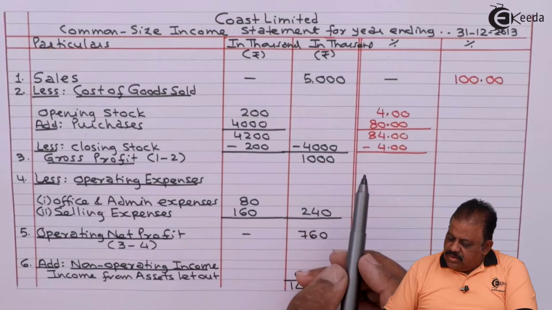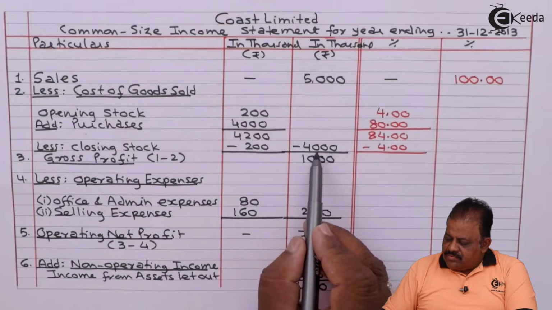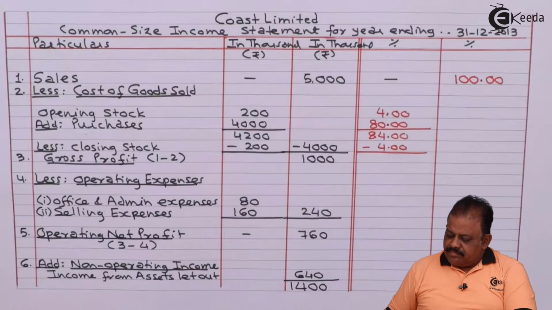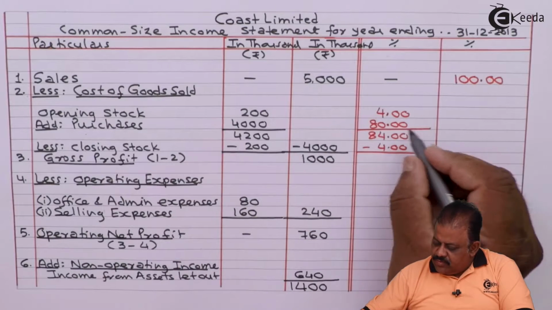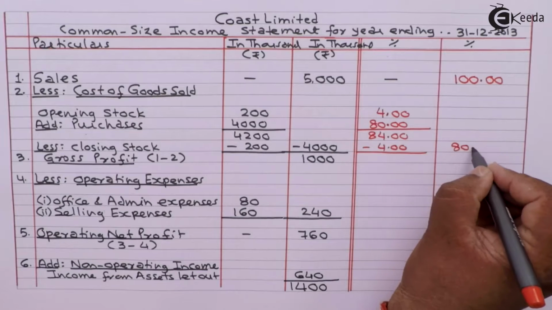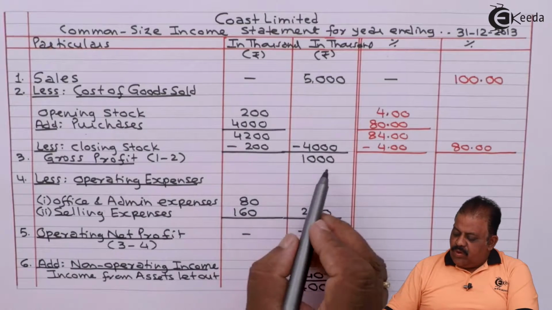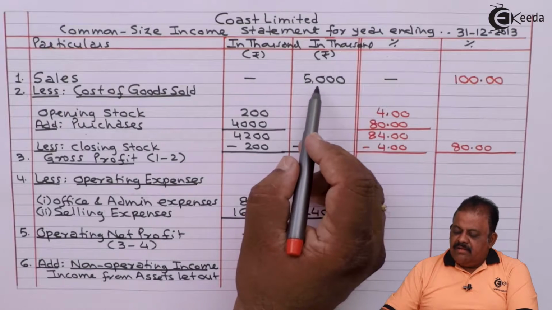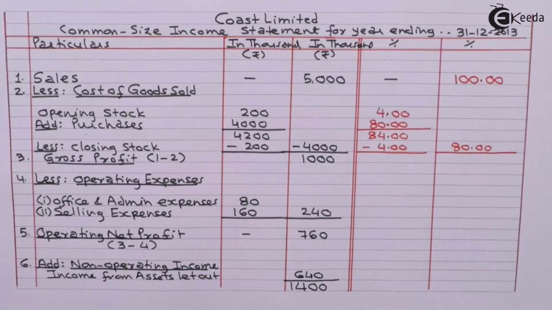Cost of goods sold, we have 4,000. That is equal to purchases, so it will be same as 80%. Gross profit 1,000 divided by 5,000 multiplied by 100.